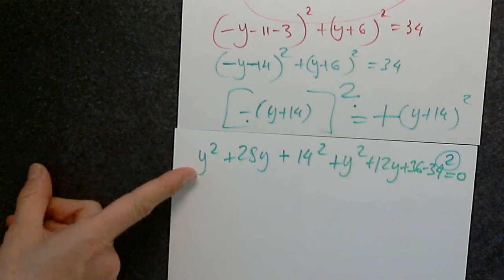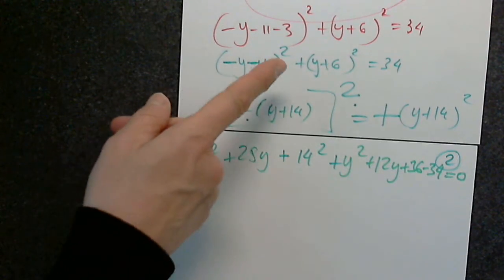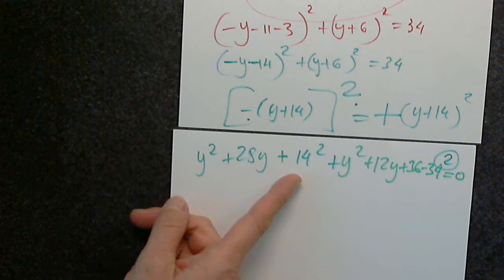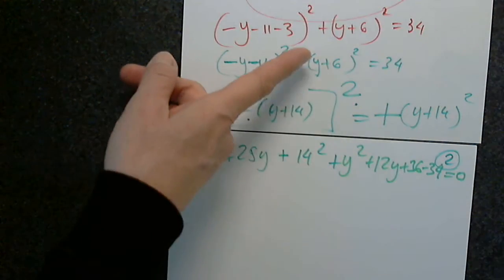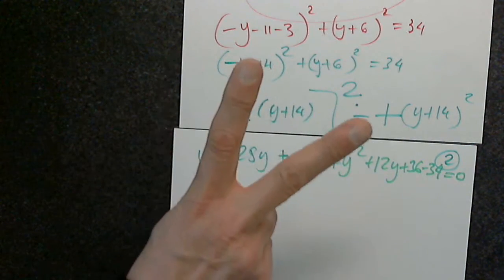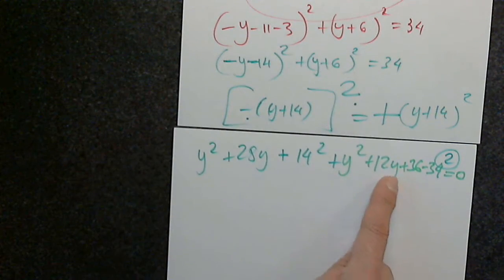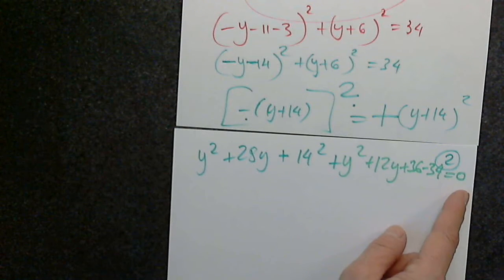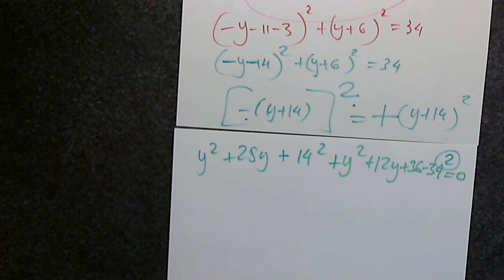The first term squared plus 2 times the first times the second plus the second term squared, which I'll figure out in a minute, plus the first term squared plus 2 times the first times the second plus the second term squared. I subtract 34 and set it equal to 0. So far, so good?